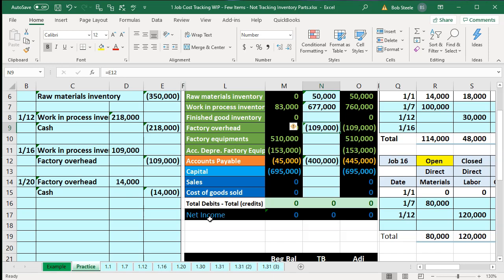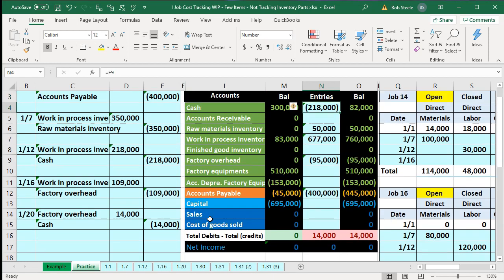So I'm going to say F2 plus F2, factory overhead, and then the cash. I'm going to go up to cash, F2 plus F2, and then we have the cash. Now notice what's not happening. Nothing is going to the job right now, and therefore we don't have to support the work in process account. We don't have to do anything special to the job at that point in time.